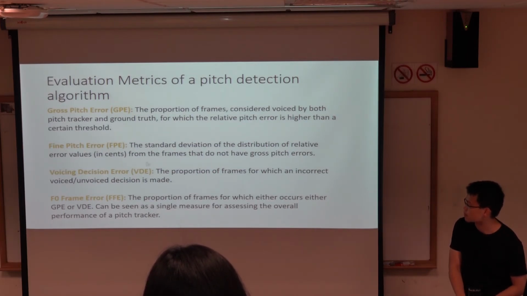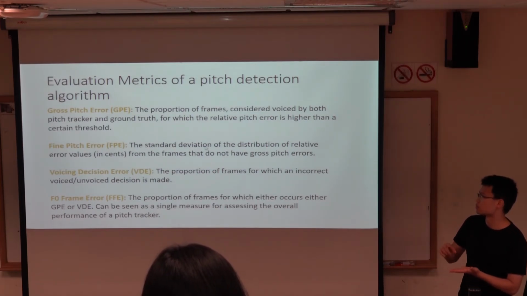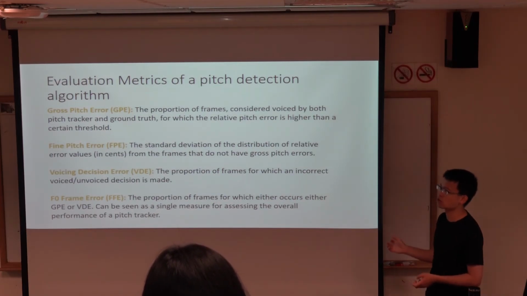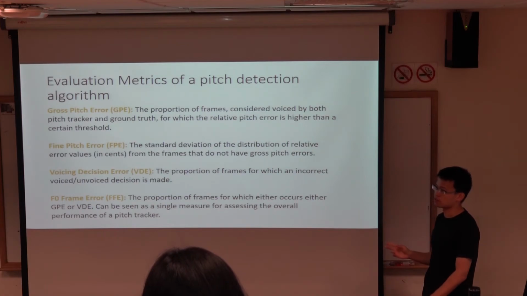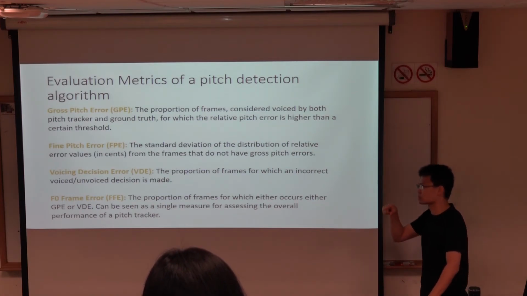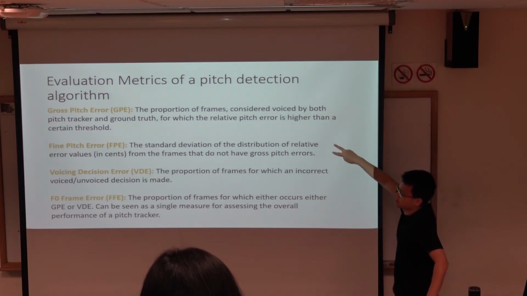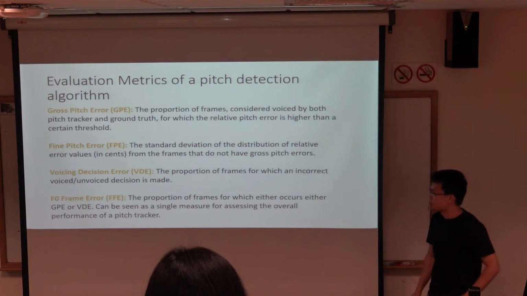And the second one is the standard deviation. It measures how stable our algorithm is. For example, if the pitch is very stable, but our algorithm has some octave errors appear, then the second metric will be low.